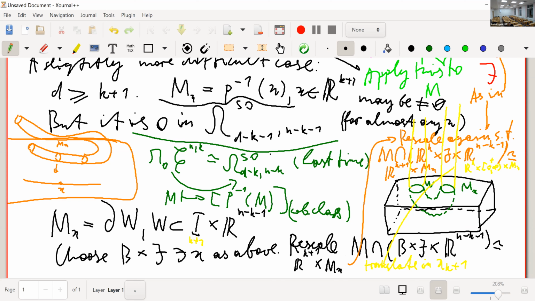Now I get something. What is this something? If I push it all the way to plus infinity, I get the empty set, and if I push it all the way to minus infinity, I get R^{k+1} cross Mx. And this is how I get rid of R^{k+1} cross Mx.